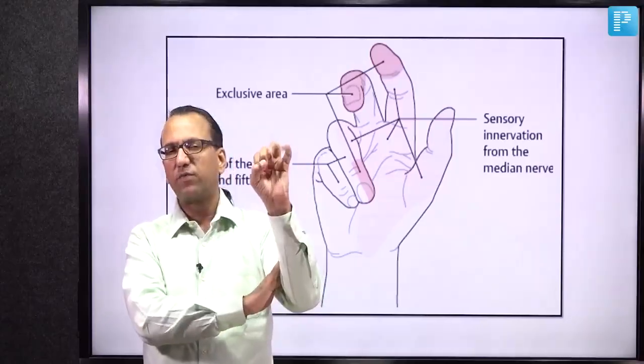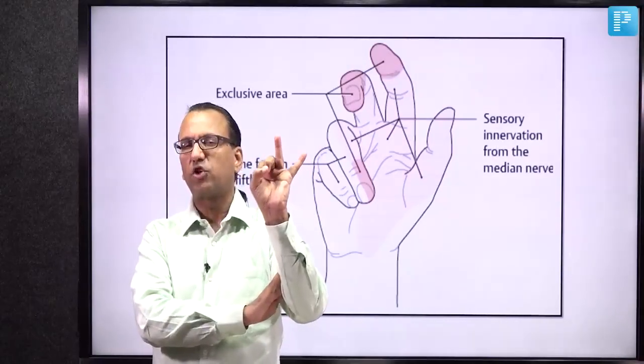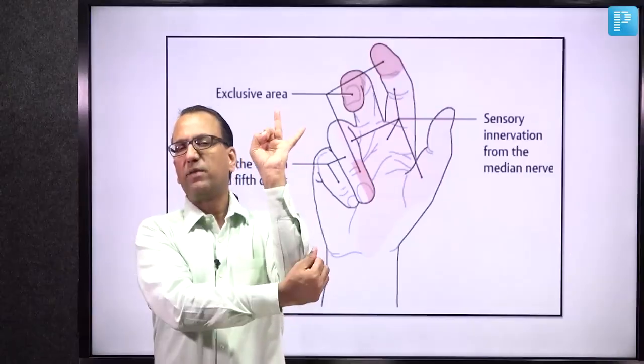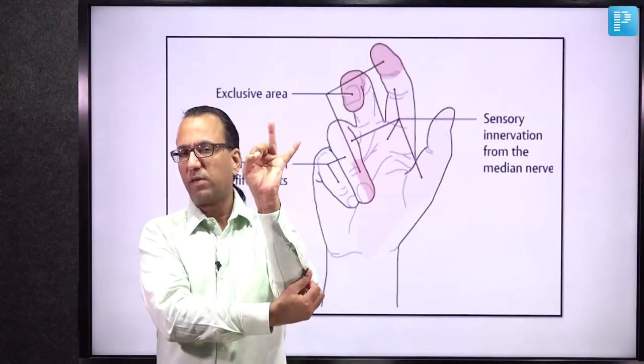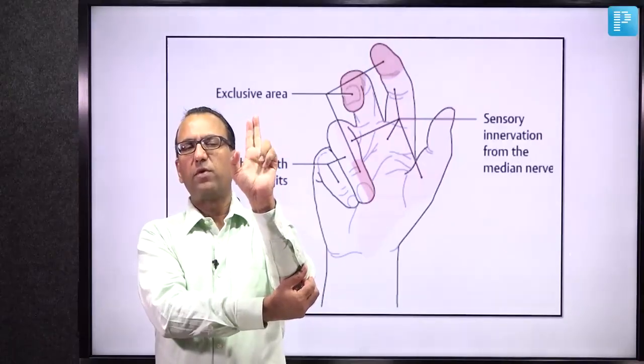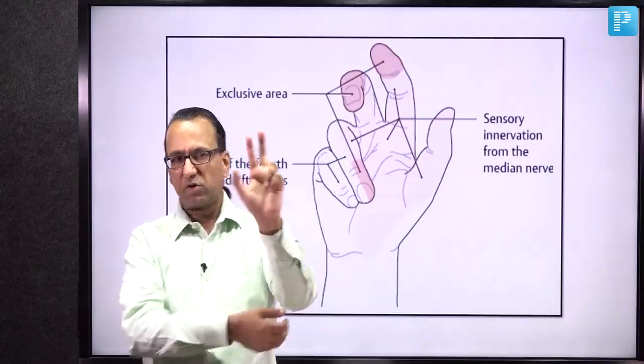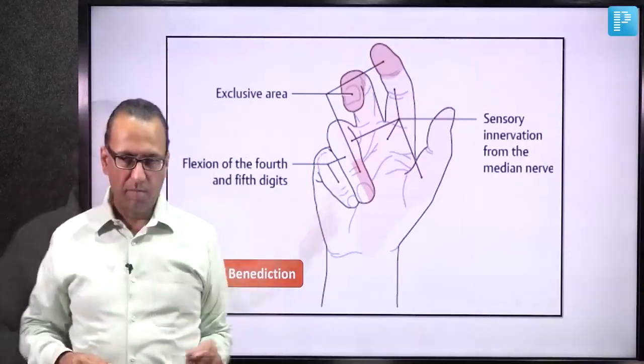Then how come these fingers are folding? Because these fingers are folded by the flexor digitorum profundus, whose medial half is supplied by the ulnar nerve. So the ulnar nerve is still working. Whenever the patient tries to make a fist, these two fingers can fold because the ulnar nerve is working, but the others are lagging behind because the median nerve is not working. That is called the hand of benediction.